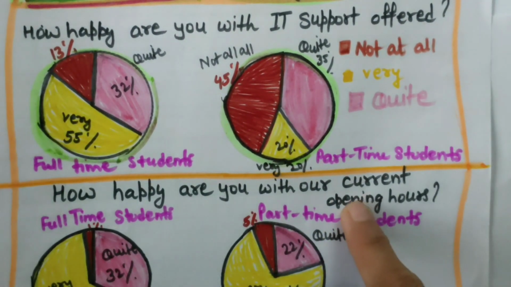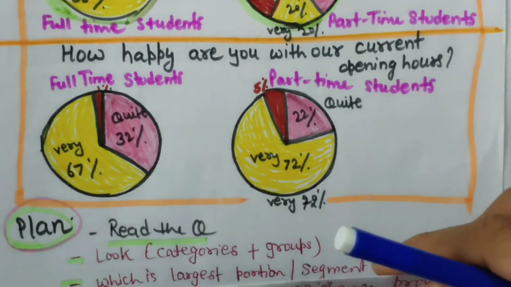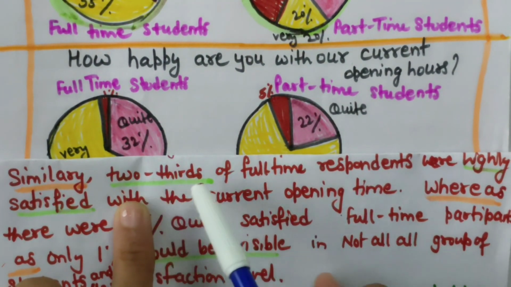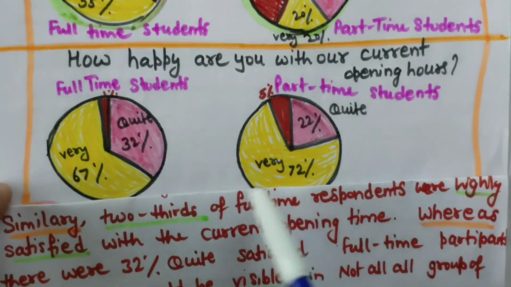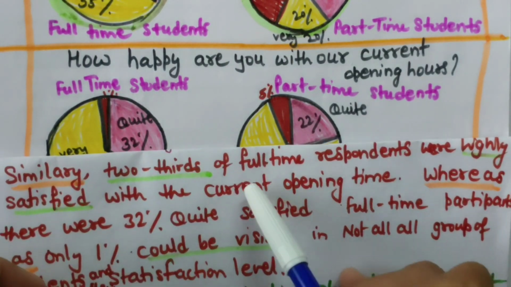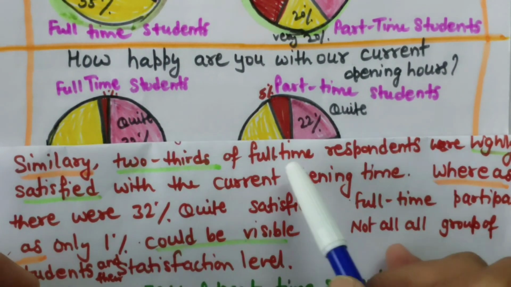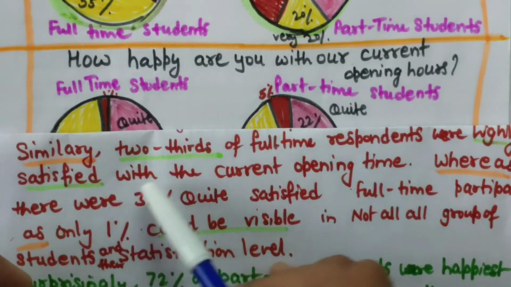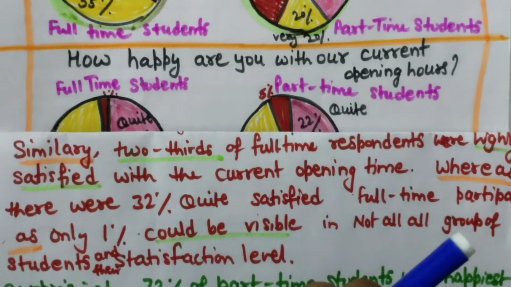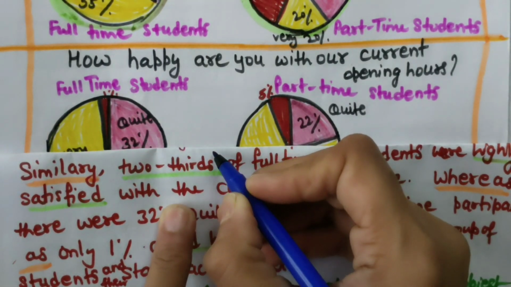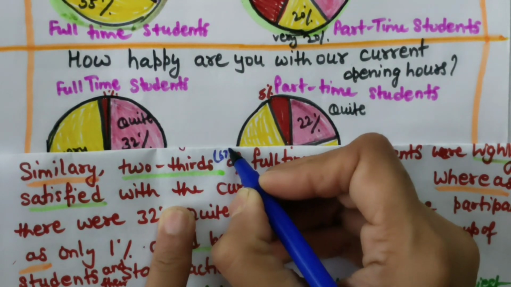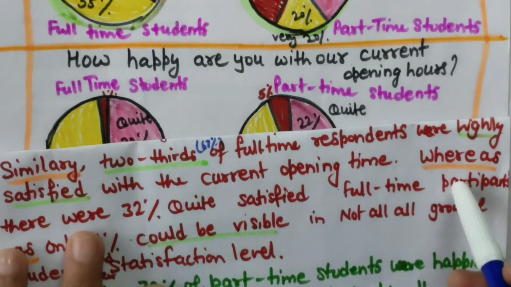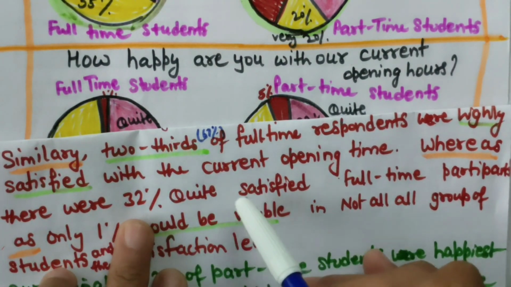Now coming to the second, current opening time. Now see this, similarly two-thirds of full-time students, now this is two-thirds, means 67%, two-thirds of full-time respondents were highly satisfied with the current opening time. So two-thirds, if you want you can write 67% in brackets also, with the current opening time, whereas there were 32% quite satisfied.